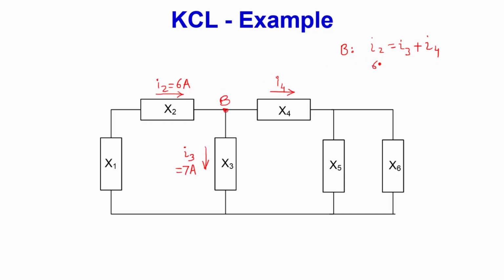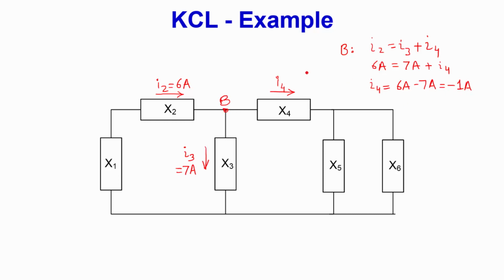I2 is 6 amperes. I3 this time is 7 amperes plus I4. Now if we solve for I4, we get 6 amperes minus 7 amperes, which turns out to be minus 1 ampere. So what do we do when the current turns out to be negative?